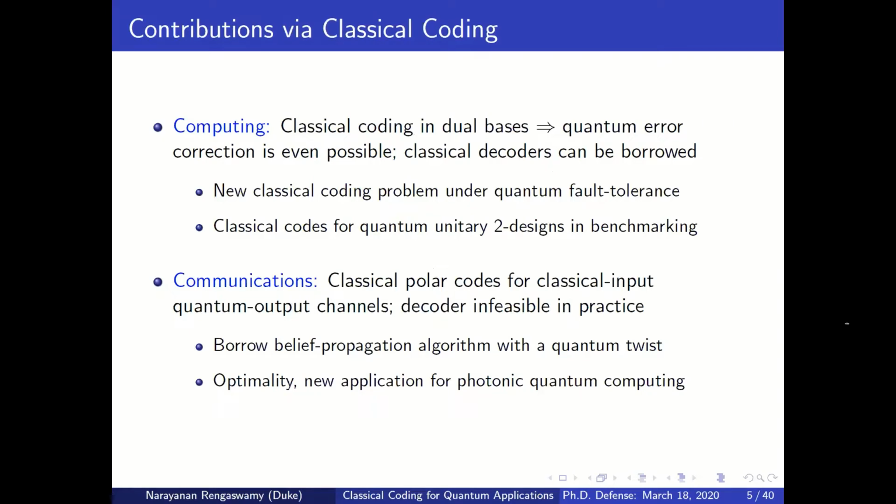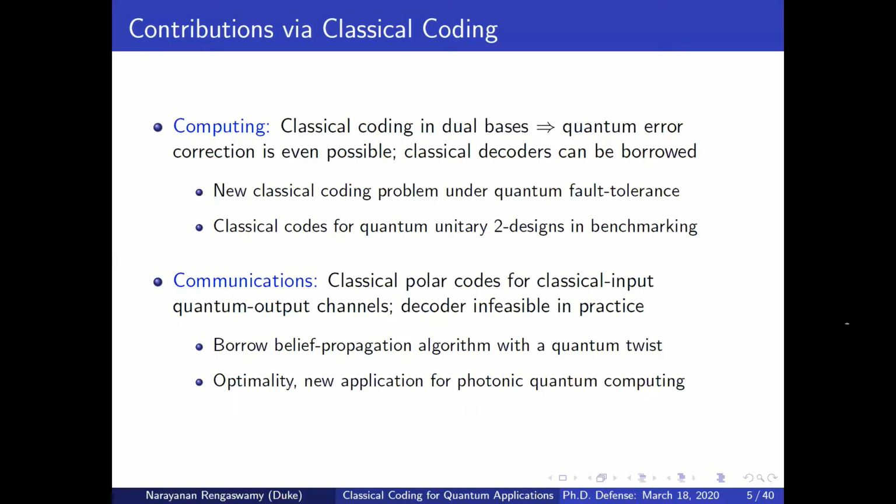So briefly, my talk is going to be in 2 parts. The first part will be about quantum computing, where I'll show a sequence of results that we were able to show. And building up with those results, we are finally able to come up with a new classical coding problem, which people had not thought of before, which is fundamentally motivated by fault tolerance considerations in quantum computing.